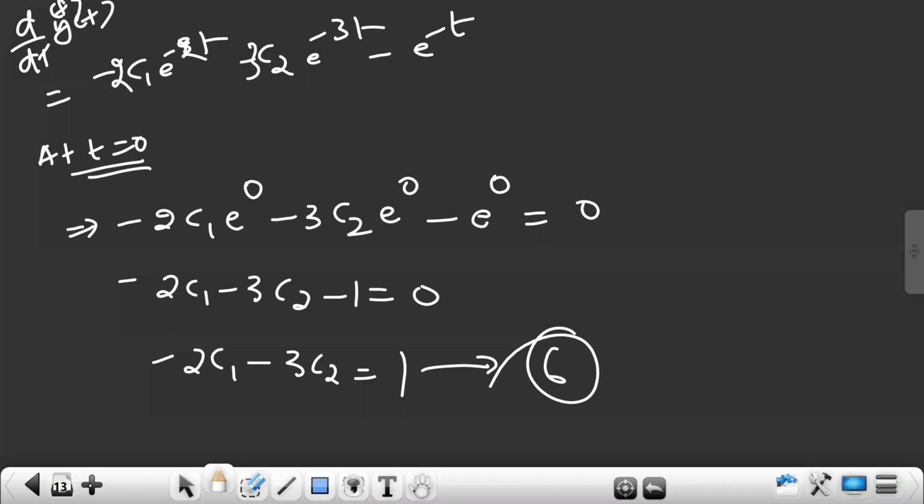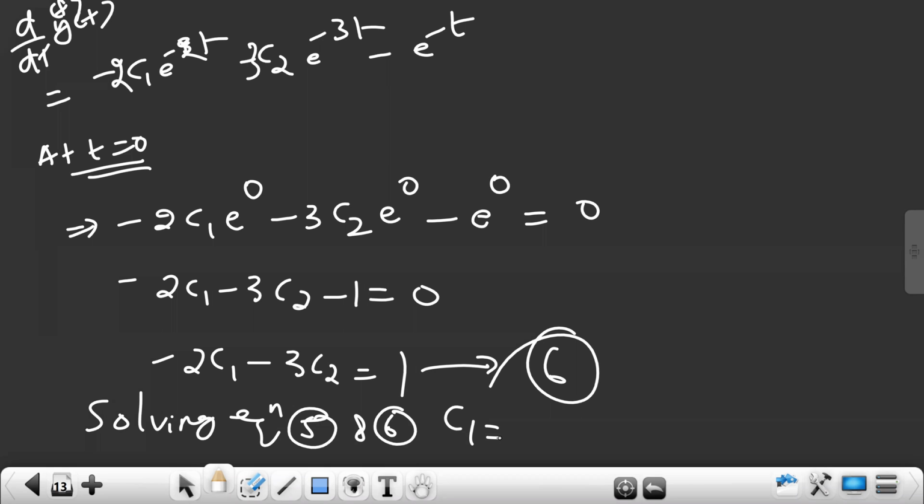C1 is minus 2 and C2 is 1. So solving equation number 5 and 6, you will get C1 equal to minus 2 and C2 equal to 1. All of you got this?